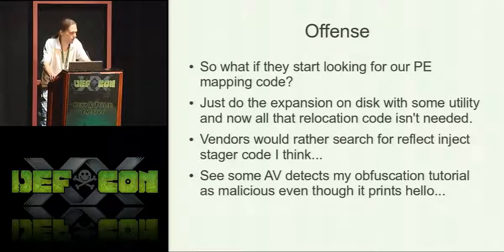So if you customized your PE mapping code or you expanded it on disk and then moved it into memory, it would be a lot more effective, and that, I believe, is what Meterpreter does. But another component to that is that the way that you map it changes where you have to look for PE headers in memory in order to actually find the reflectively injected DLLs.